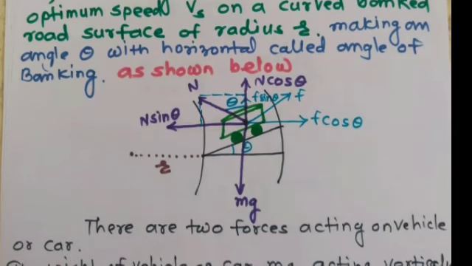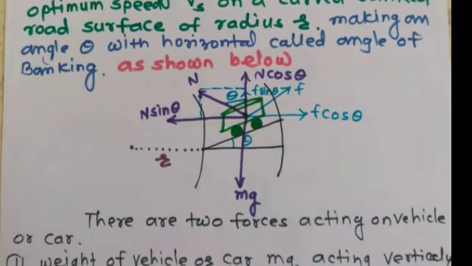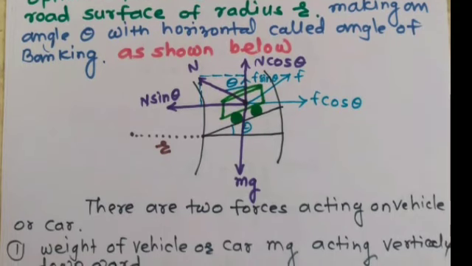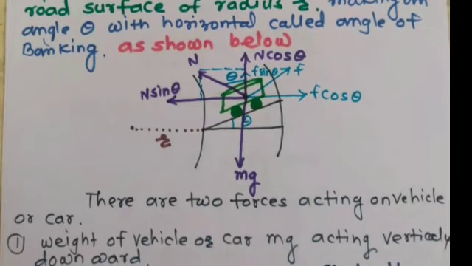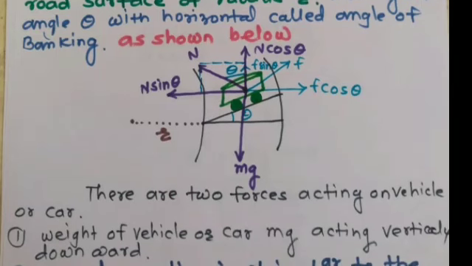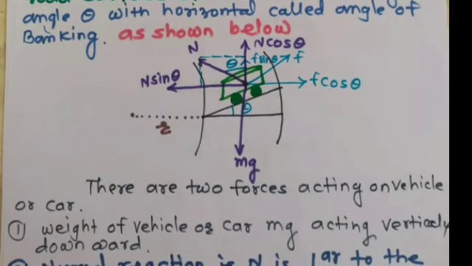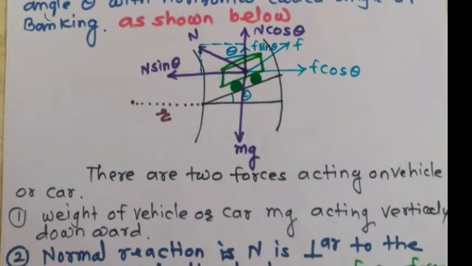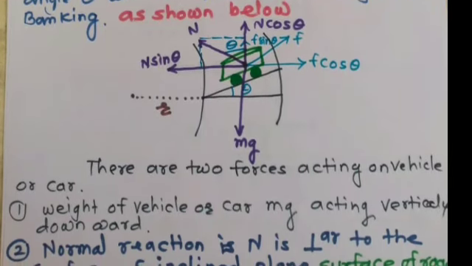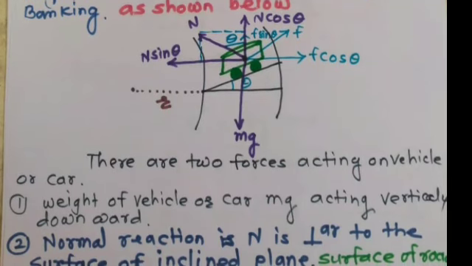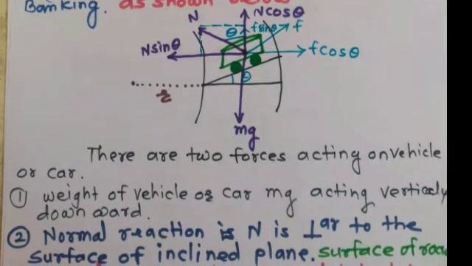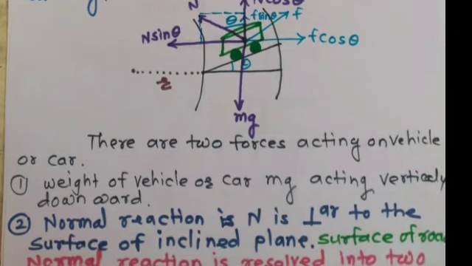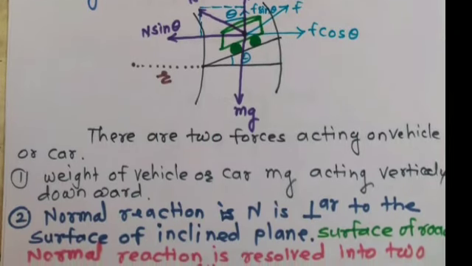In this figure we have seen two forces acting on a vehicle or a car. Number 1, weight of car or vehicle mg acting vertically downward. Number 2, normal reaction capital N perpendicular to the surface of inclined plane, surface of road.